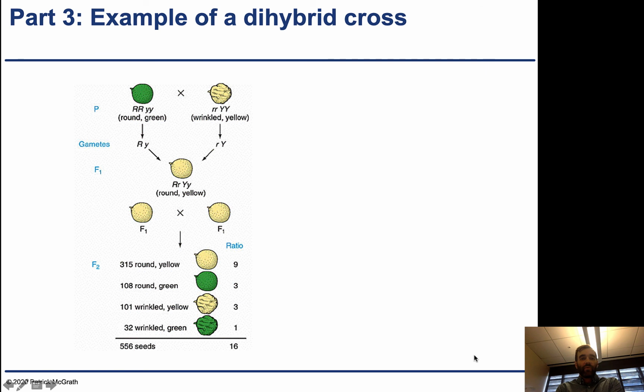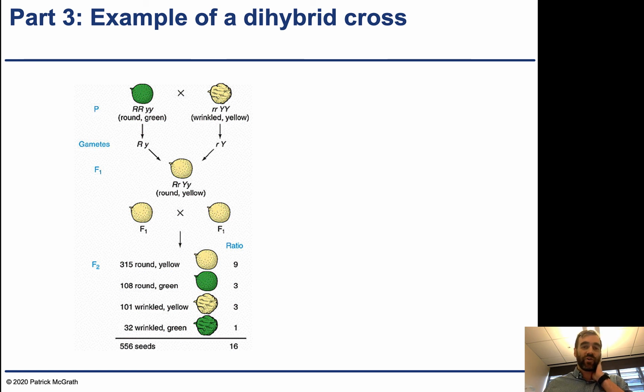And so as an example, we'll turn back to the peas, and we will consider plants that have round green seeds and wrinkled yellow seeds. So again, there are two characters in this case, the color of the seed and the shape of the seed, and each of those characters has two traits.